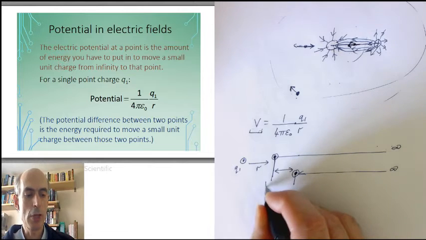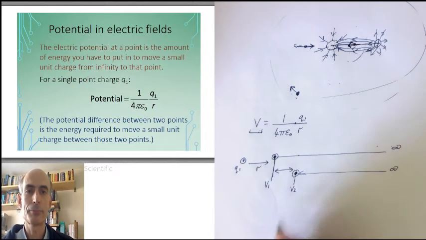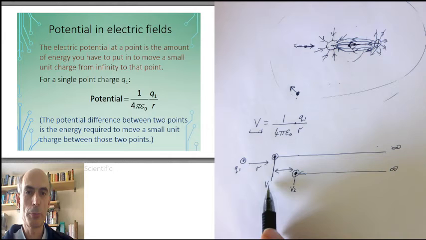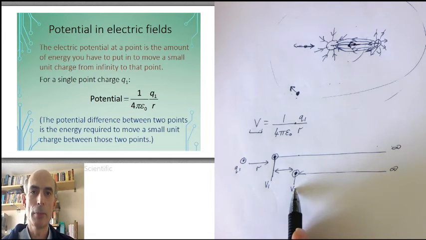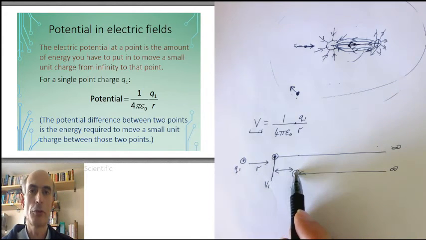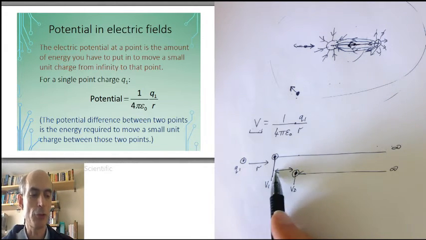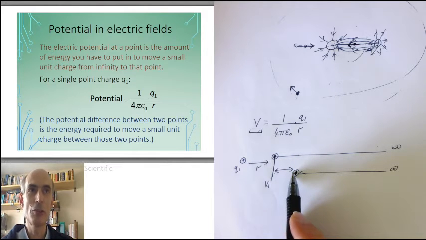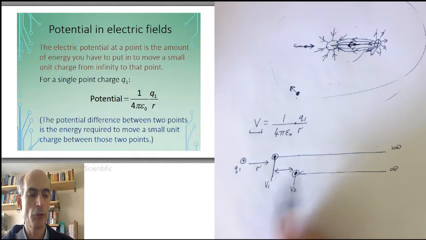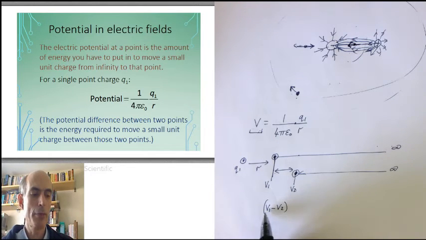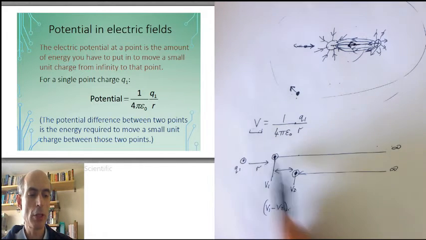I could call this V1 and this V2. The difference between V1 and V2 is the amount of energy that I need to take a unit charge from this point to this point. Just that distance. I could say the potential difference between these 2 points is V1 minus V2. And that potential difference is the energy required to move a unit charge between these 2 points.